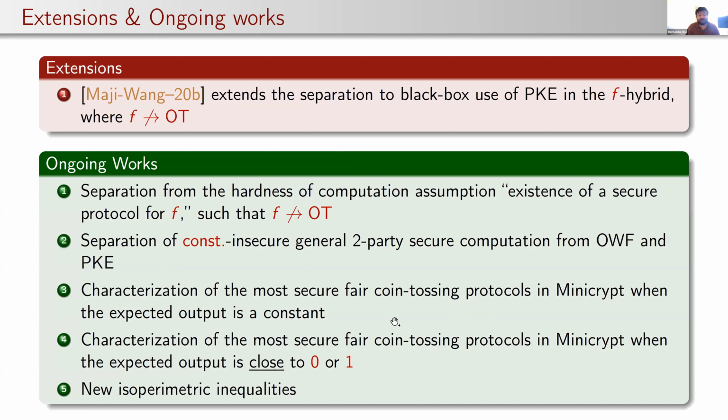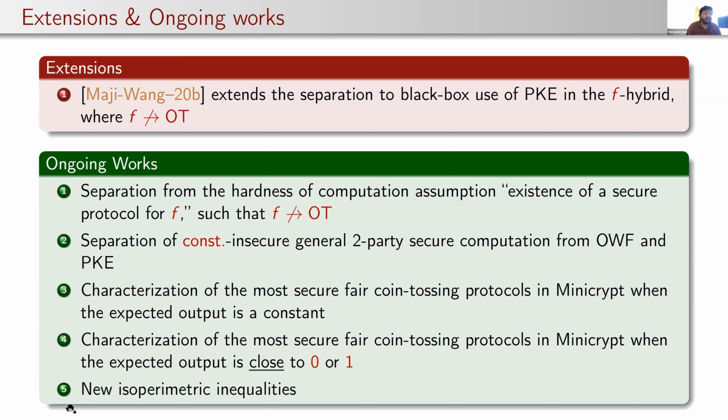One of my favorite results here is that we were able to show the existence of qualitatively better protocols than the ones that were proposed in the 1980s. The optimal protocols that we construct are 20 to 40% less insecure than the protocols that were known in Minicrypt.